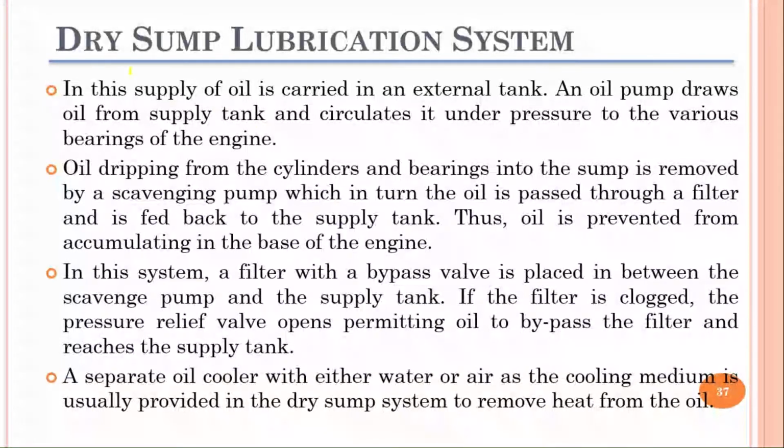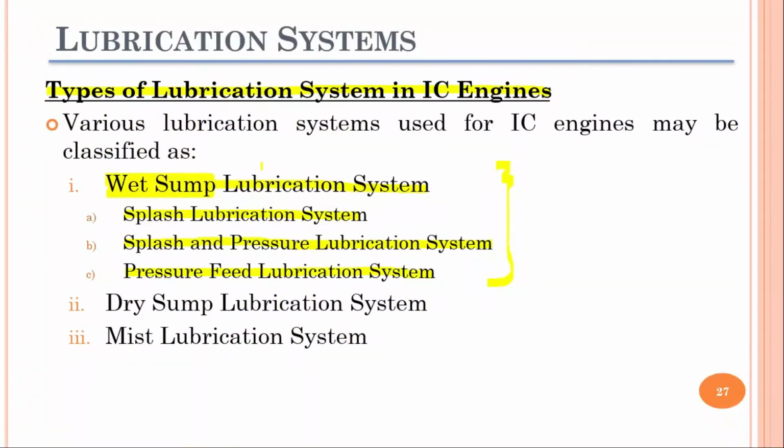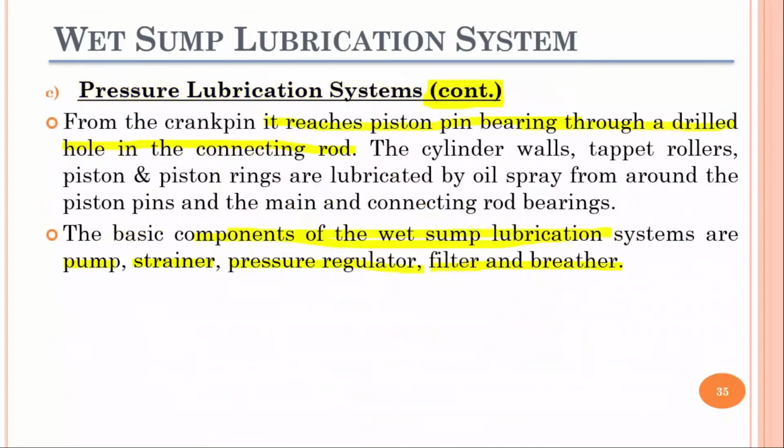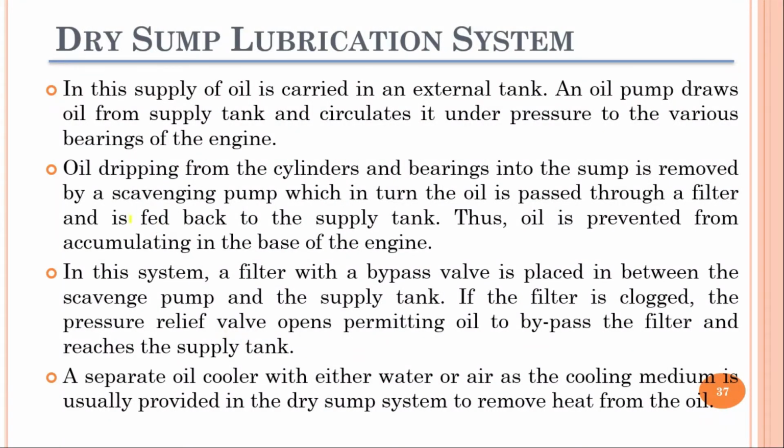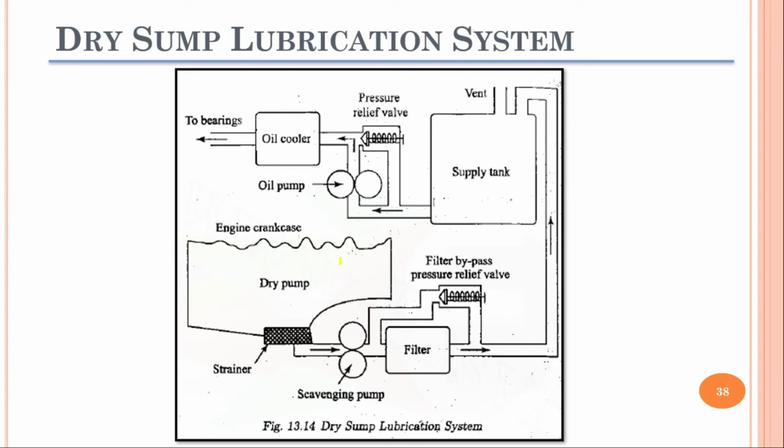Now moving forward, next we had, here you can see, two different types of arrangement. The first one is the dry sump lubrication system, and the next is the mist sump lubrication system. Starting off with the dry sump lubrication system, if we look through the schematic of the dry sump lubrication system, you can see that we basically do not have the oil pan here.